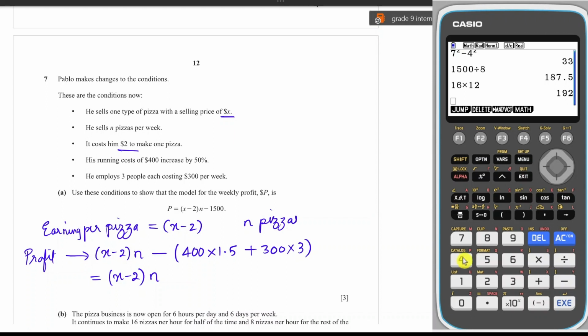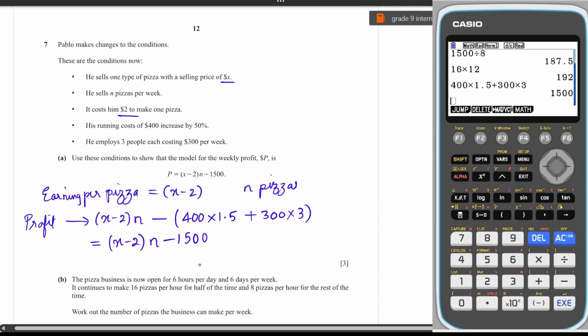So let's just check this here. So this is 400 into 1.5 plus 300 into 3. Let's check this. Yes, it is 1500. So we are correct.